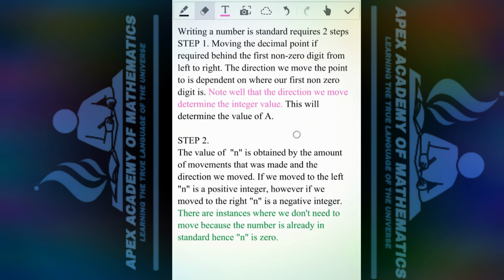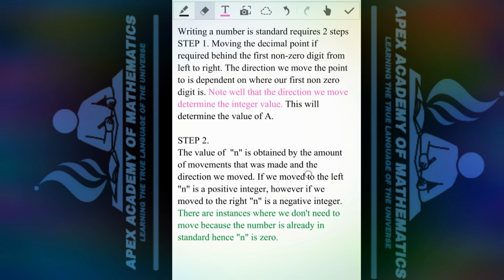So if, say for example, you move 3 places to your left, n may be a positive 3 or a negative 3, or if you move 4 places to your right, n may be a positive or a negative number, but it will often likely be the number 4 depending on if you move 4 places or 3 places to your left or right. All right, wonderful.